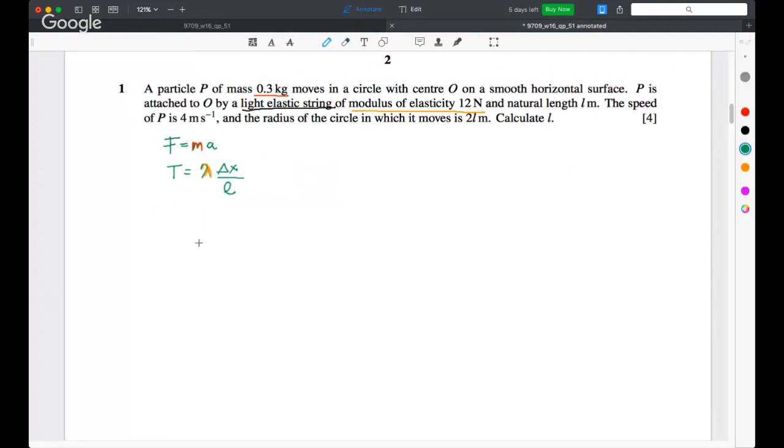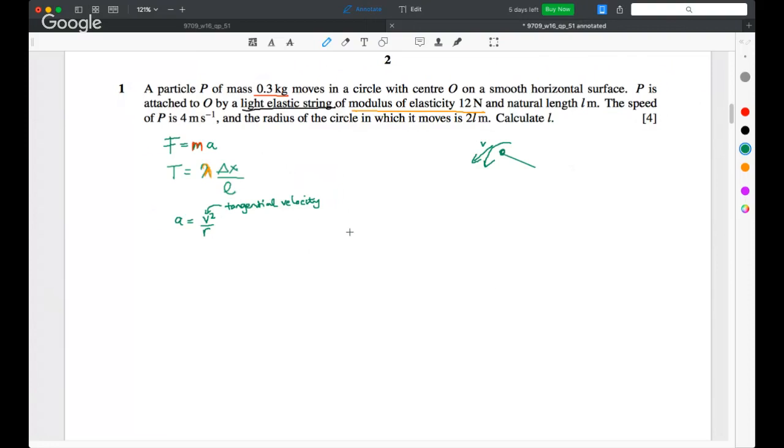Sorry, rotational acceleration is equal to v squared over r, where v is the tangential velocity. If you're moving along a circle, then the tangential velocity is your instantaneous velocity tangent to the circle in which you're moving.